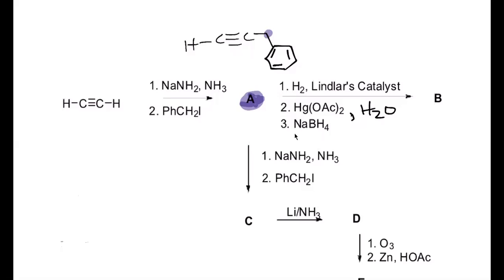A can either go to B or to C. So that product now is going to be the starting material for another sequence, either A going to B or A going to C. Which one do y'all want to do first? B? All right, let's do B.